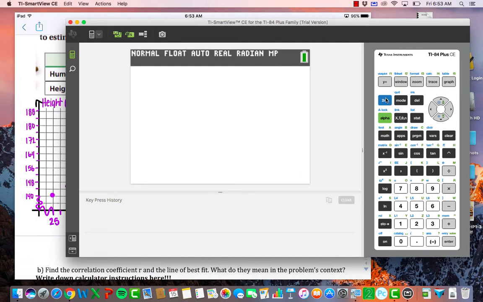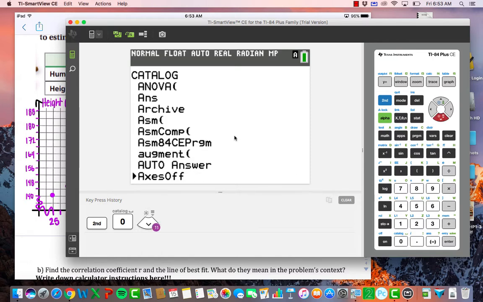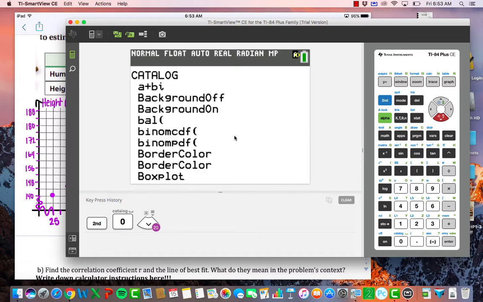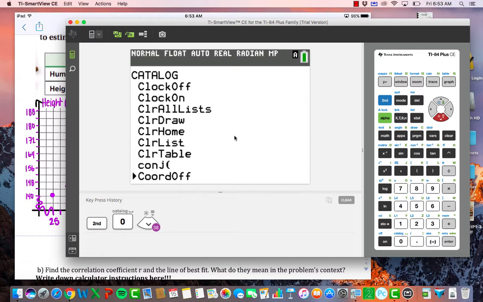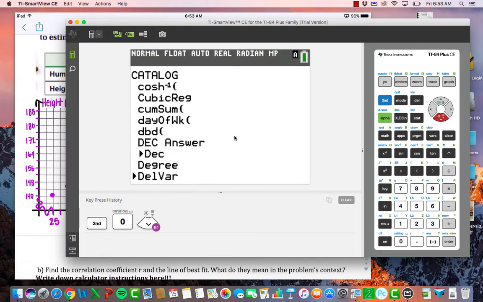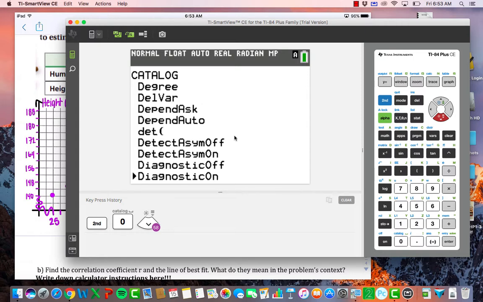You go second 0, which is catalog. And now we're going to scroll until we see diagnostic on. Diagnostic on. And then we're going to turn it on.